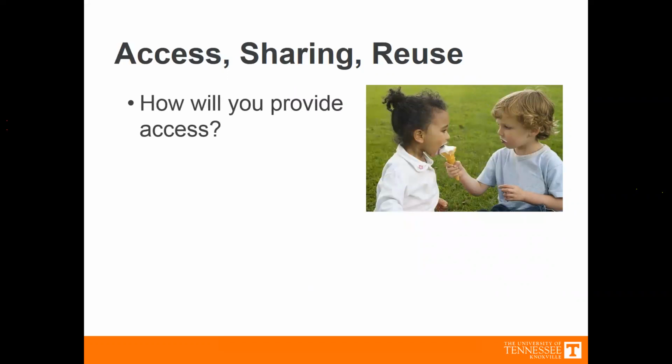You may decide to use a discipline-specific data repository and put the data there. Once the research project is finished, you may choose to use UT's data repository, which is called Trace. I'll get into that a little bit later when I talk about preservation. You may decide you want to just make a project website and put your data there.